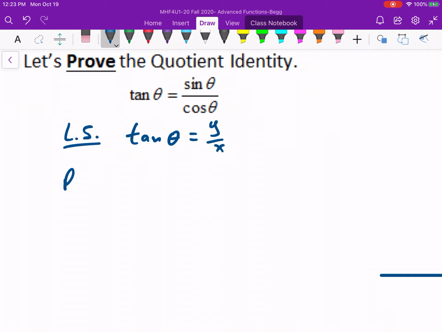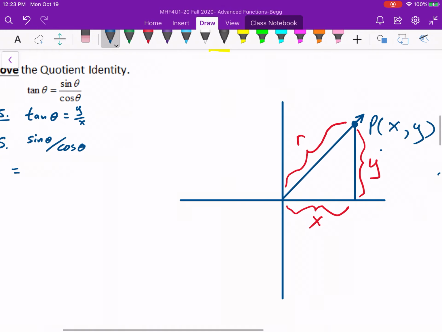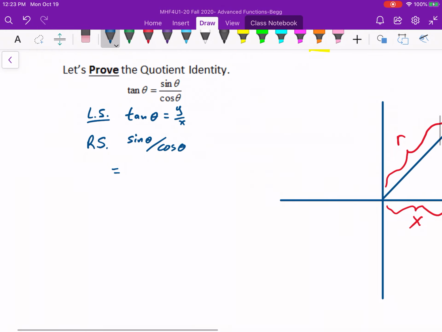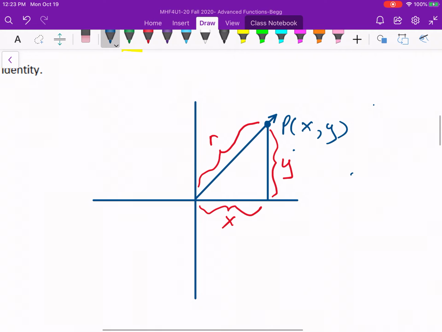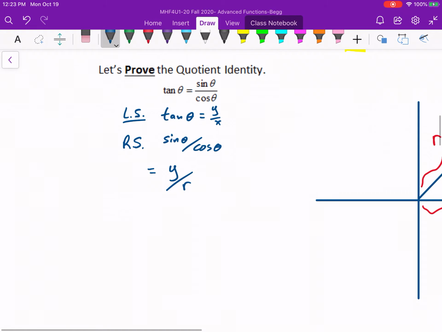The right side, which was sine theta over cos theta, could be rewritten as sine theta is y over r, opposite over hypotenuse, and cos theta could be rewritten as x over r.